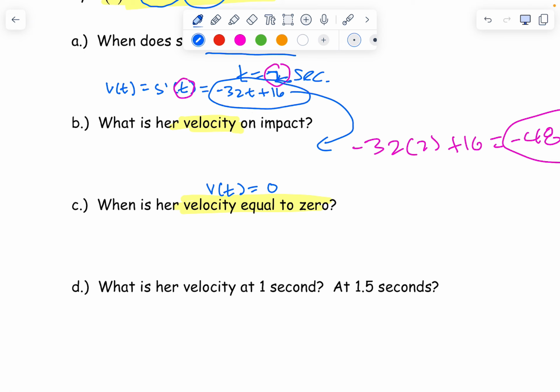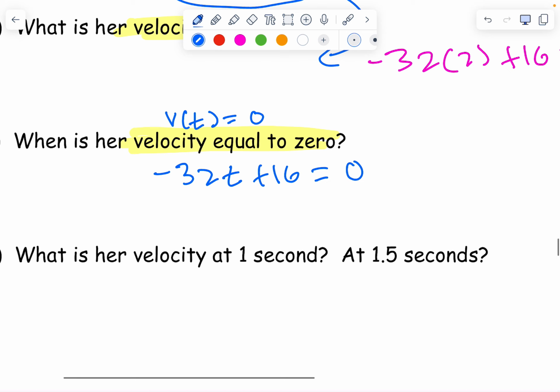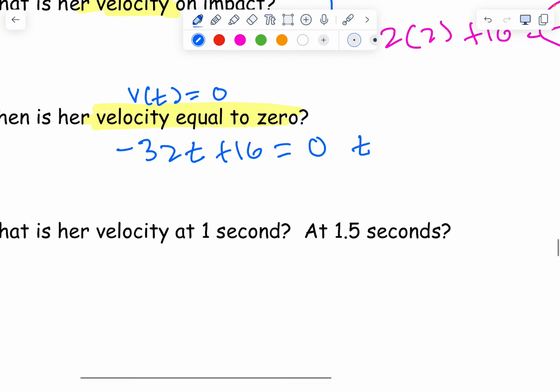So all I need to do is set that equal to 0. So this is going back to algebra 1. Negative 32t plus 16 is equal to 0. I hope you can subtract 16 and divide it by 32. It'll be a clean decimal fraction. And it's okay if you have to type this in.